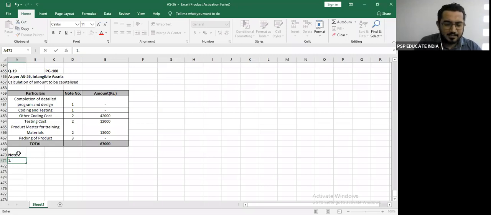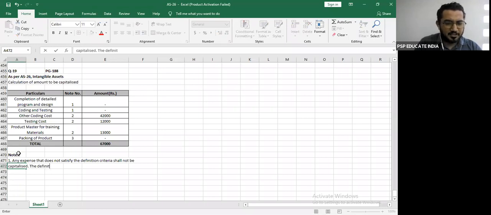It says any expense that does not satisfy the definition criteria shall not be capitalized.